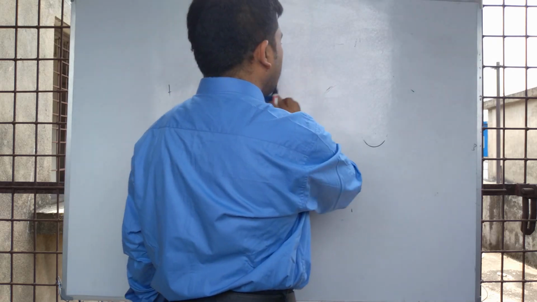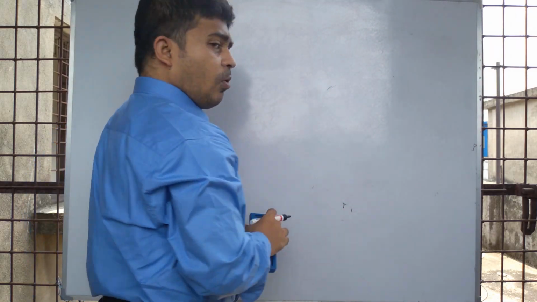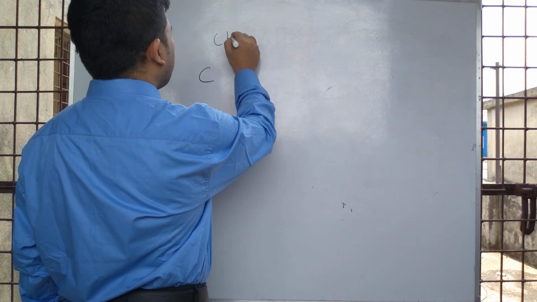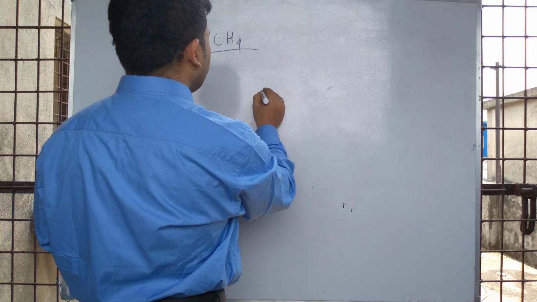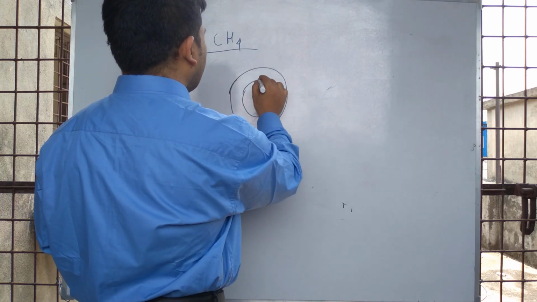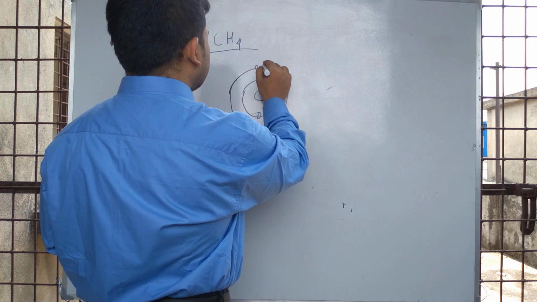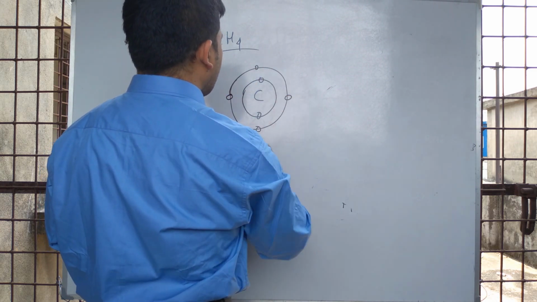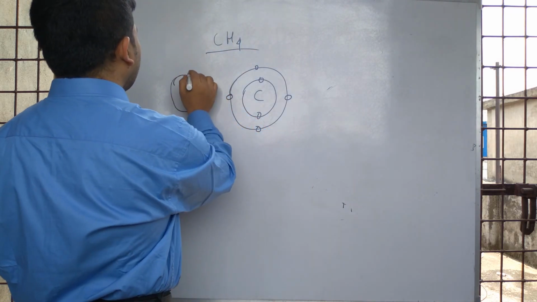Now we can also represent covalent bonding formation with the orbit structure. For example, CH4 formation. For the CH4 molecule, carbon has the configuration 2, 4 and hydrogen has electronic configuration 1.